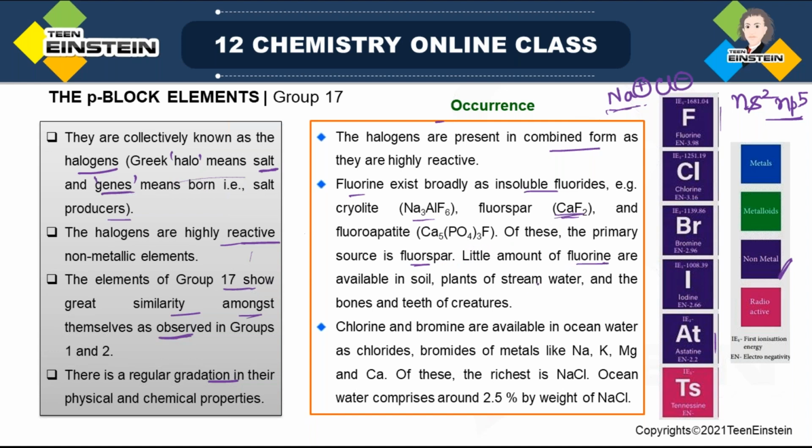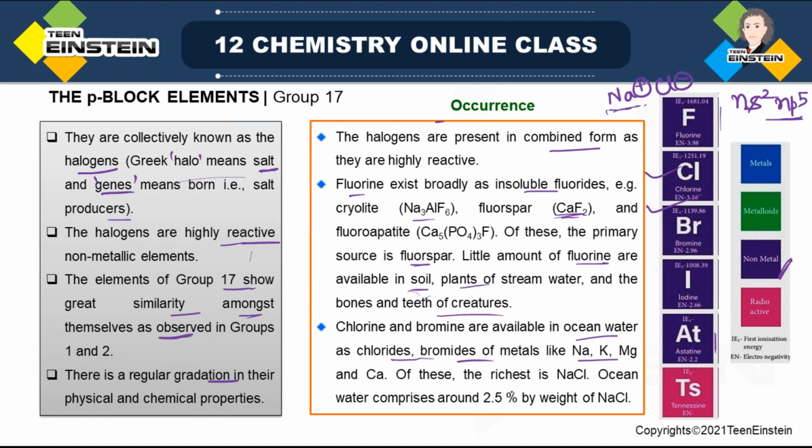A little amount of fluorine is also available in soil, plants, stream water, and bones and teeth of creatures. This is the natural occurrence of fluorine. Come to the next two, that is chlorine and bromine. They are available in ocean water in the form of chloride or bromide salts of metals.